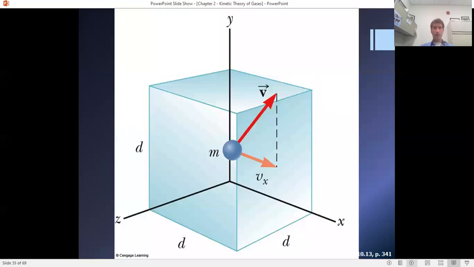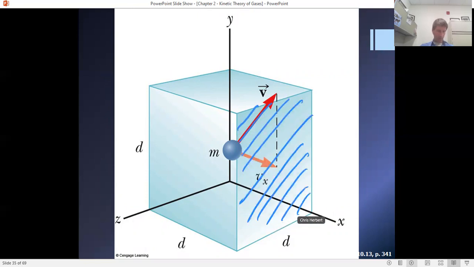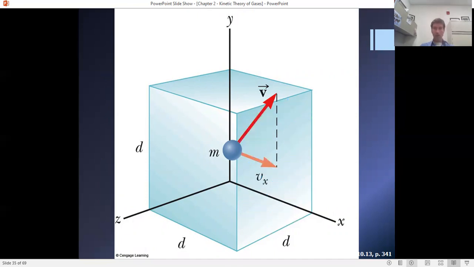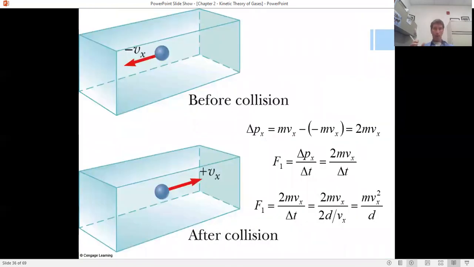So again, here's our particle. We are most interested in this wall right here, and we are most interested in the x component of the velocity. Okay. Now, we're dealing with a cube which is a dimension d by dimension d by dimension d. So honestly, if we're to diagram this entire container, it would look something like this.